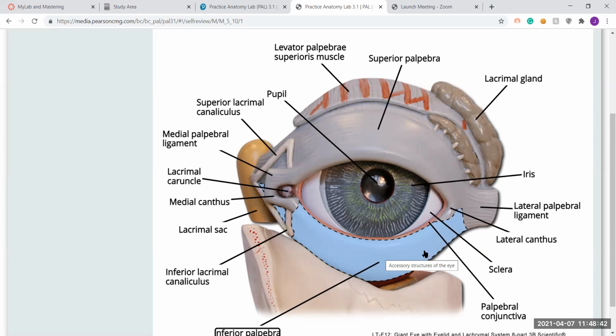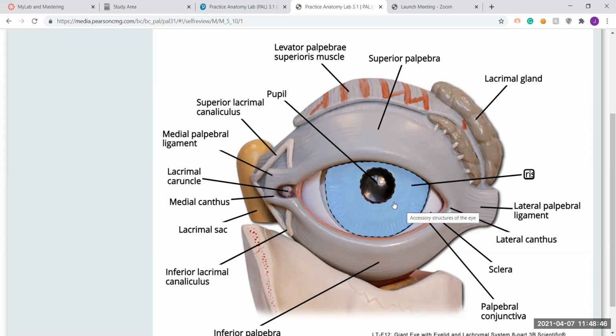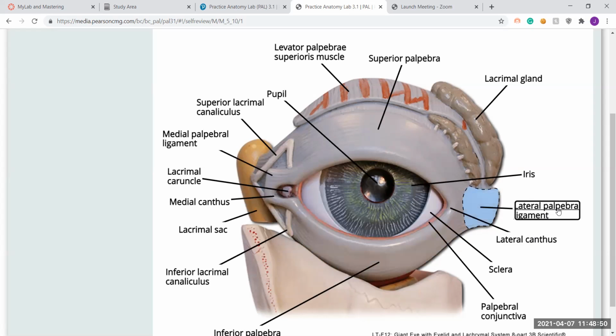And then inside you have the sclera, iris, pupil. And these are some muscles and ligament, the lateral palpebral ligament. And these are the superior and inferior colliculi. So these are the structures of the eye. We will go over all these structures in detail, okay? So let's go to the next slide.